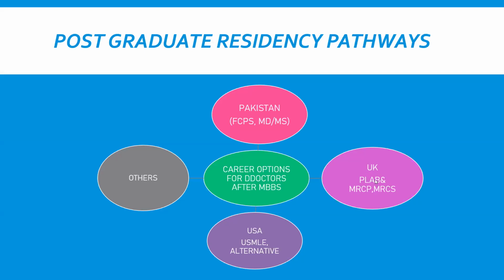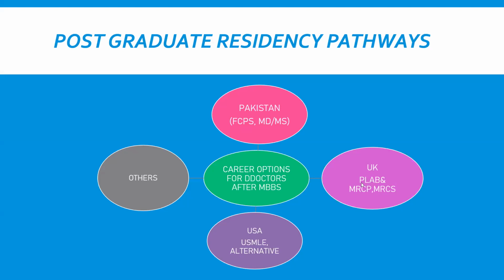In PLAB, there is a requirement. Before taking PLAB, you are supposed to go for the OET exam, which is Occupational English Test, and you have to get 4B for that. The other exam is IELTS, which is International English Language Testing System.